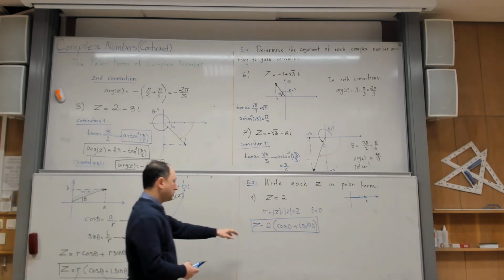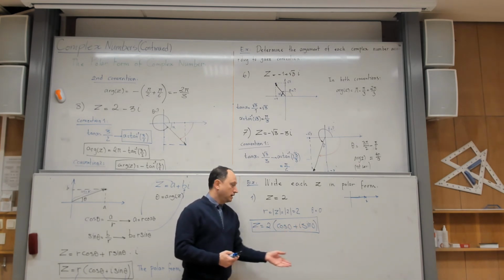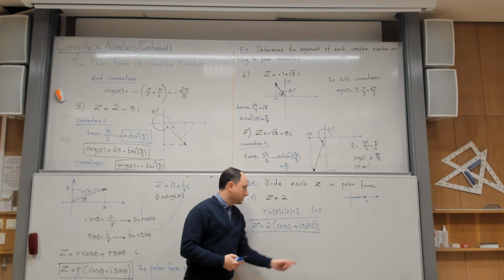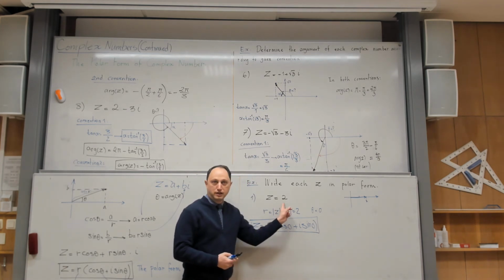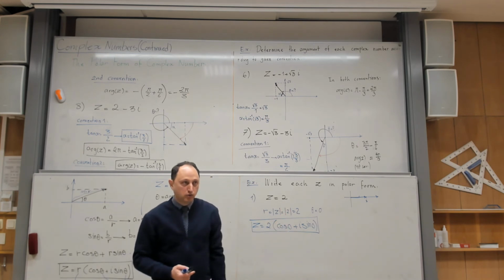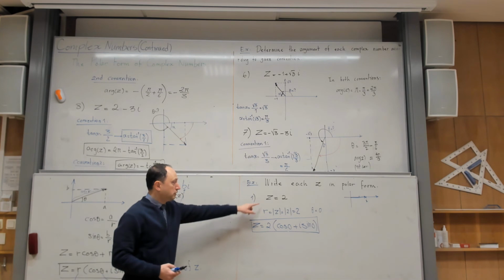By the way, if I ask you what is cosine of 0, you will say 1. What is sine of 0 is 0. If you continue and simplify, this becomes 1 plus 0 multiplied by 2, which definitely is 2. But that is not the whole point. The whole point is to write it in this form. This is called the polar form of this complex number.